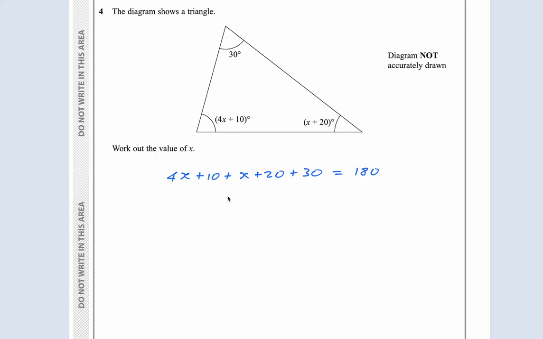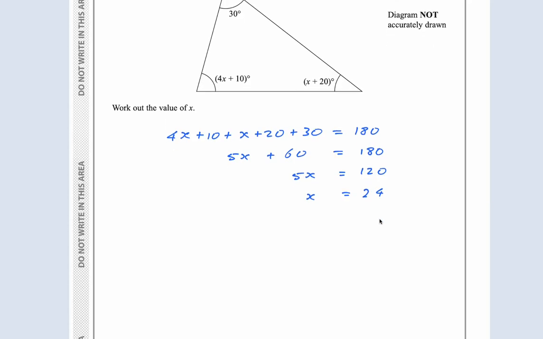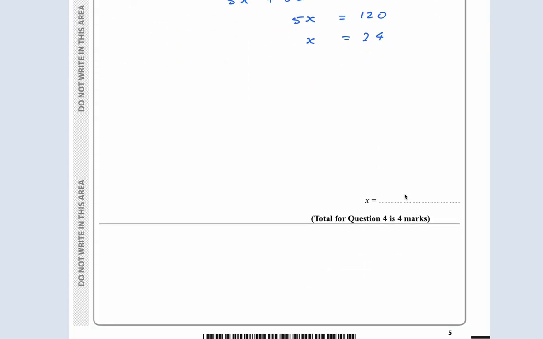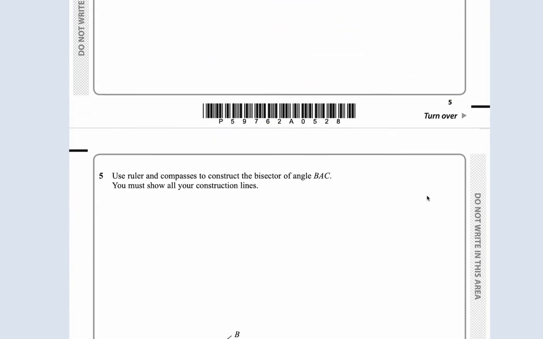Add my x's, 5x, 10 plus 20 is 30 plus 30 is 60, equals 180. 5x equals 180 minus 60 is 120, and then 5 into 120 goes 24. Use your calculator if you want. This divided by 5 is 24. Therefore, x is equal to 24.